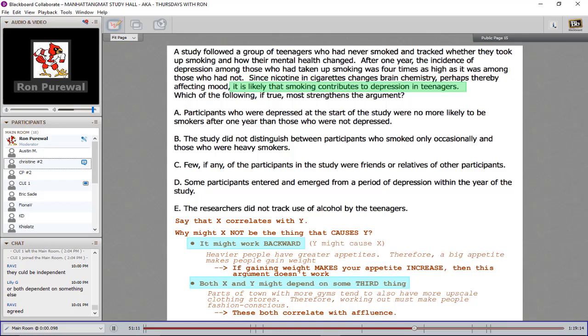So if you're going to weaken the cause and effect argument, you'll pretty much be saying this, or if you're going to strengthen a cause and effect argument, you kind of have to rule these things out.